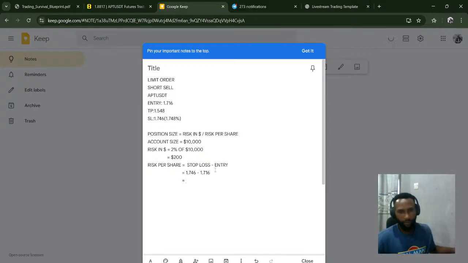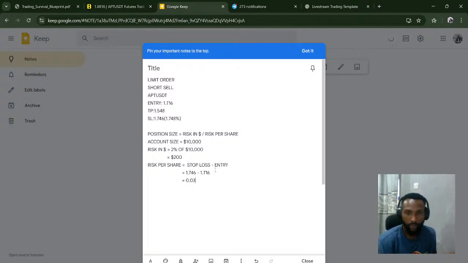Let's do that quick calculation. 1.746 minus 1.716 is 0.03. So our result here is 0.03.